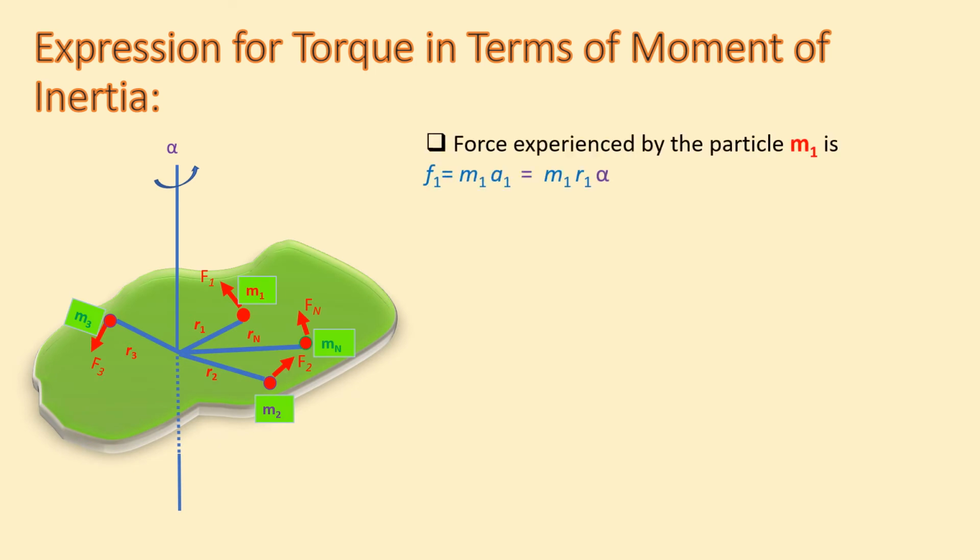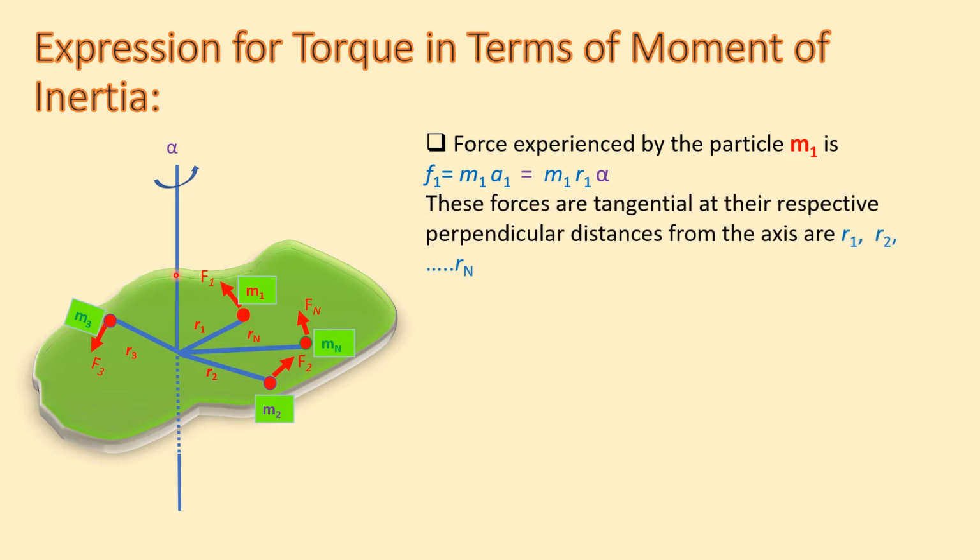Let us calculate the force experienced by particle m1, and that is F1 is equal to m1 a1. a1 is the linear acceleration acting on mass m1, and we can write the value of a1 in terms of angular acceleration, and we get the value of F1 as m1 r1 alpha.